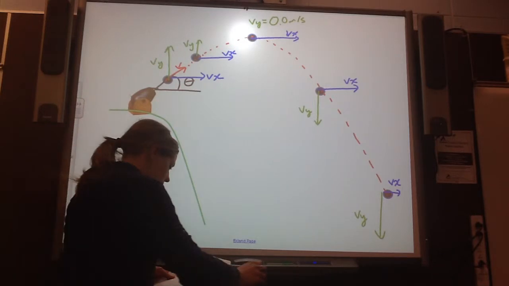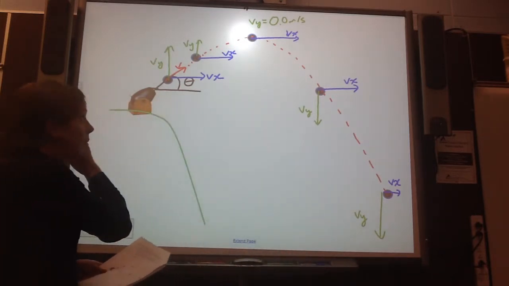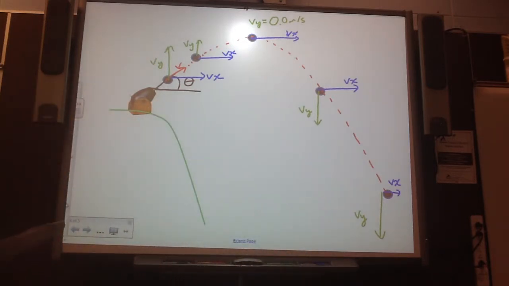Now there's a couple assumptions we can make about these. Just as when we were tossing our ball up and our ball down, we could make assumptions about what's the same across.